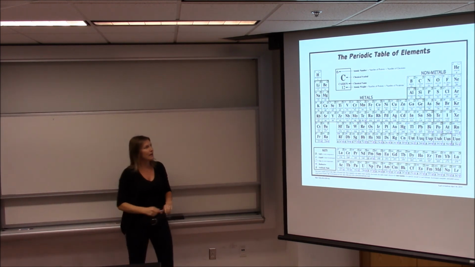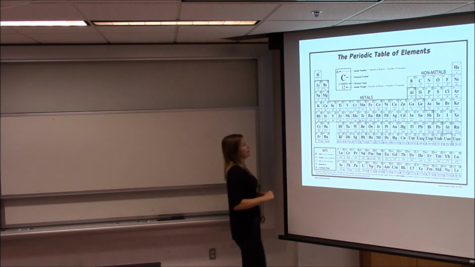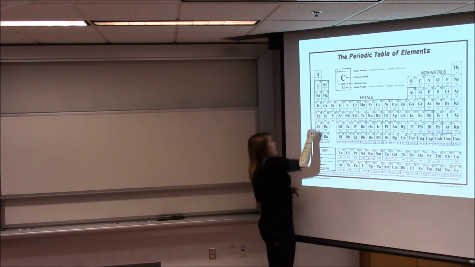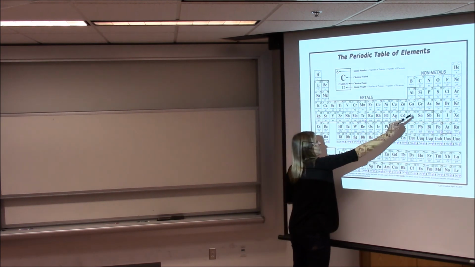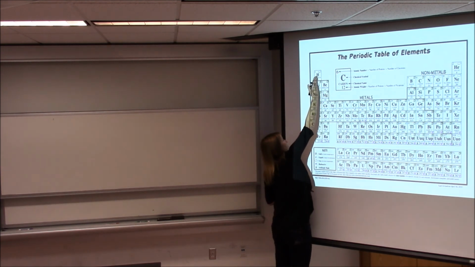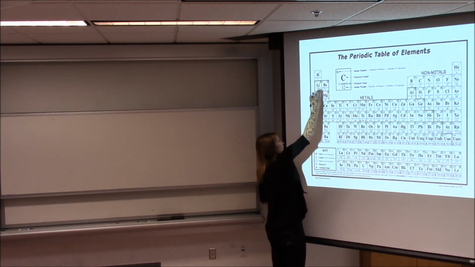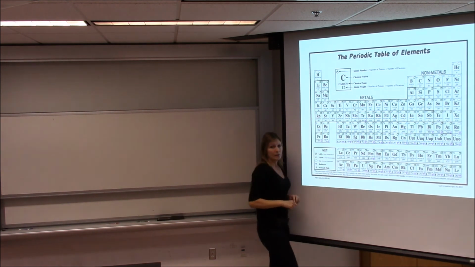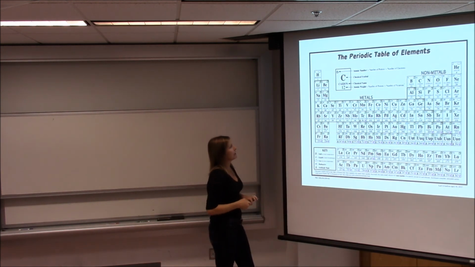But before I do that, you probably noticed a couple of things about this periodic table. One, that it's arranged in columns and rows, and the elements that are in each column have something in common, and each row have something in common. So they're purposely arranged that way.